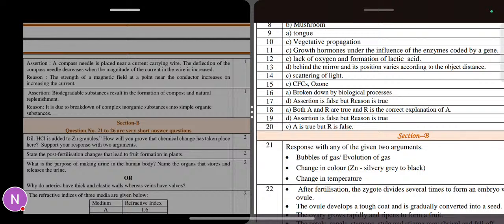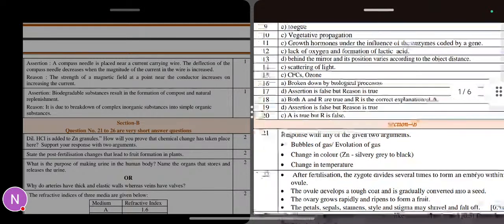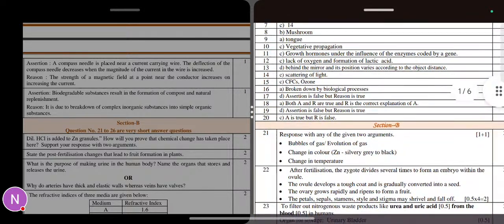Okay. Next, 22nd question: state the post-fertilization changes that lead to fruit formation in plants. So after fertilization, the zygote divides several times to form an embryo within the ovule.